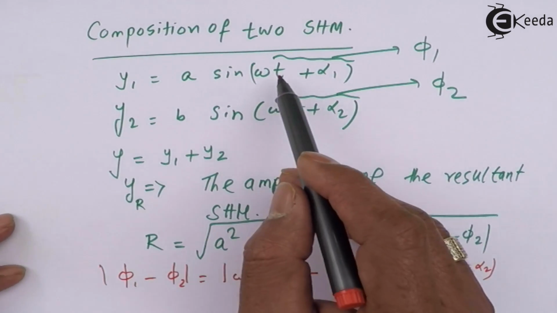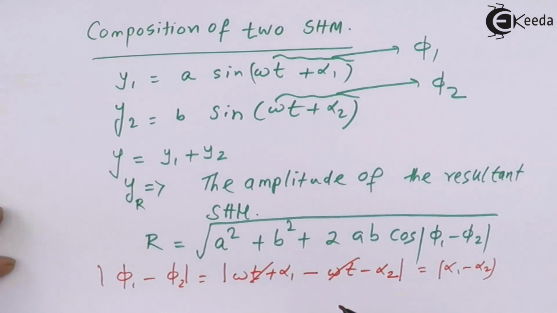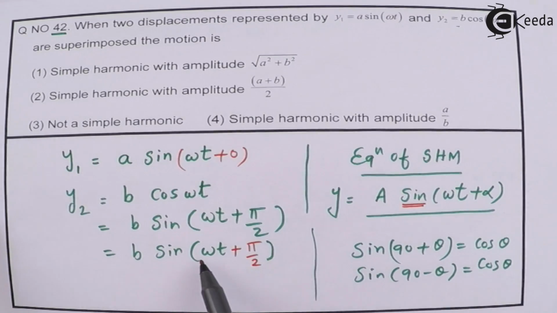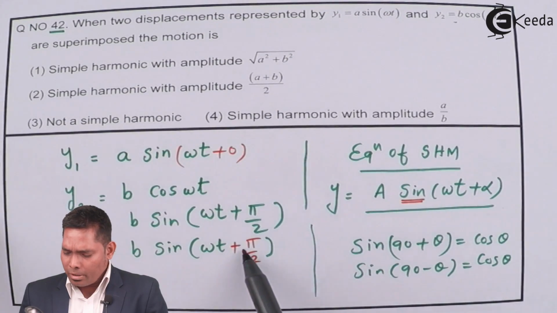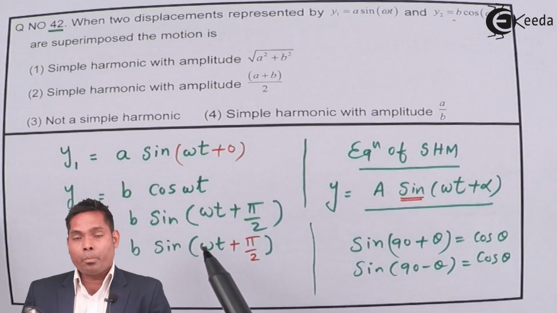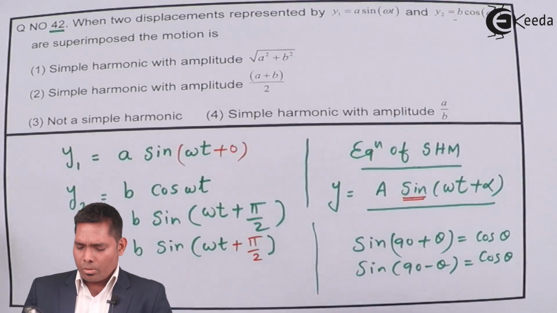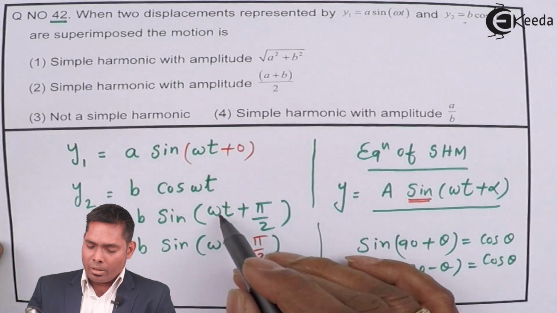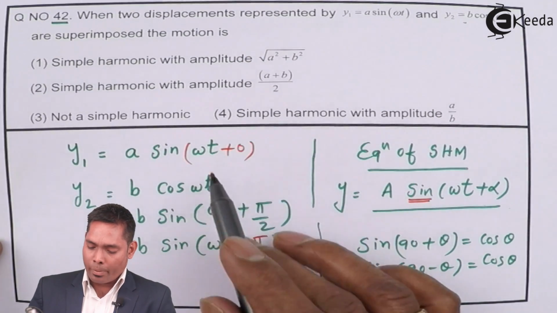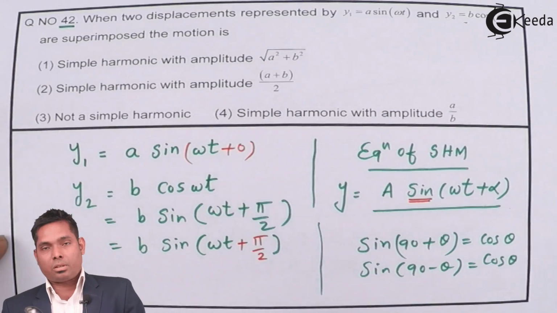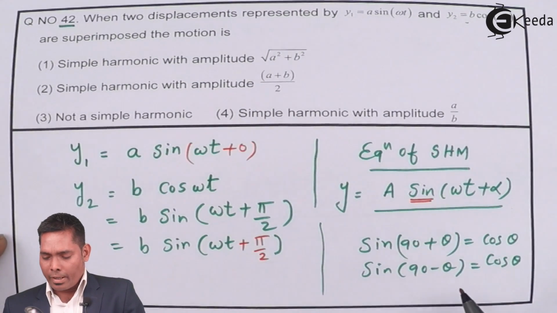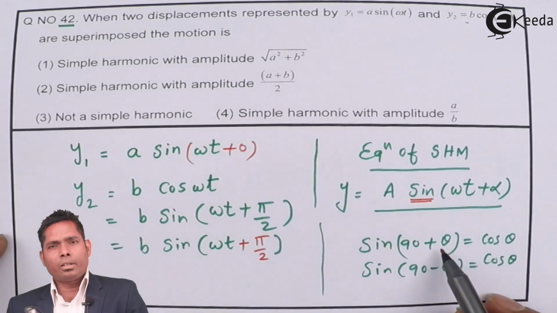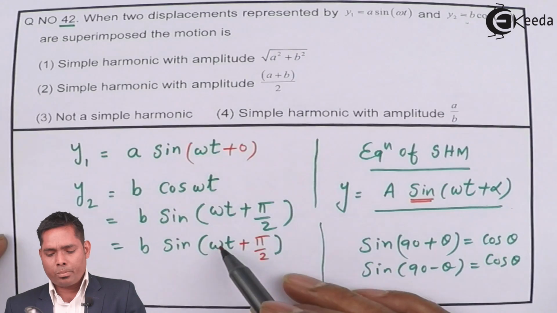In this case, omega t will cancel out. If I consider the value pi by 2 minus omega t, then that omega t will not cancel. So to keep omega t canceling, you have to write the expression with omega t as positive. In this way omega t will be positive, and we want omega t to be positive.